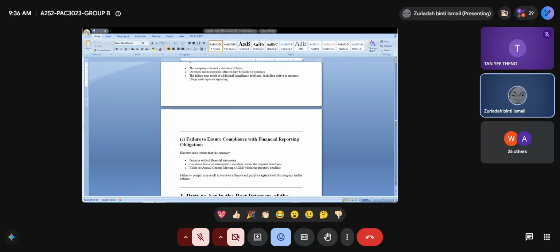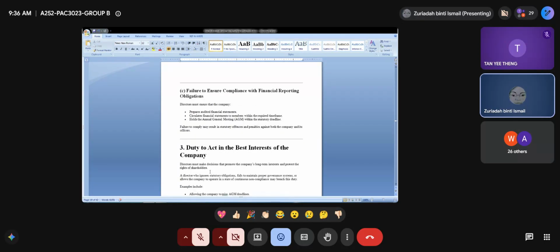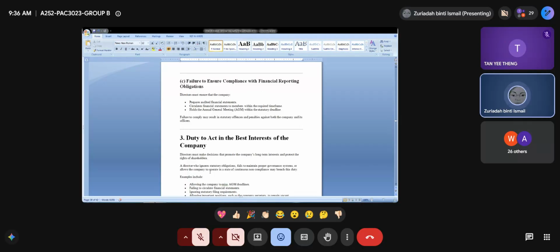Failure to ensure compliance with the financial reporting. And the third is that directors are responsible to act in the best interest of a company.